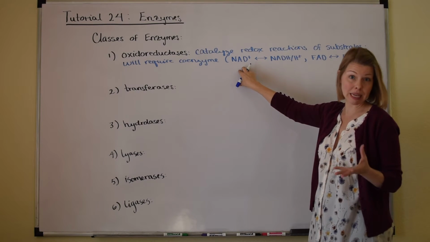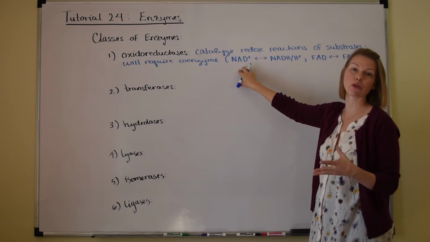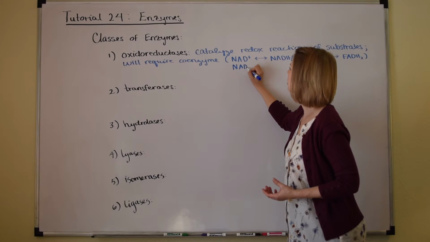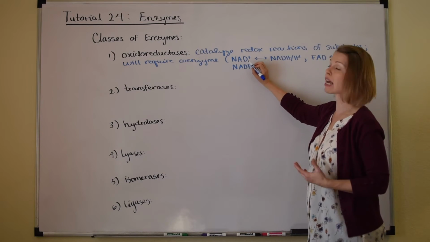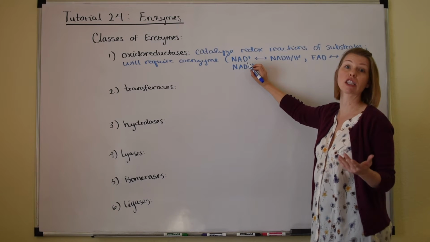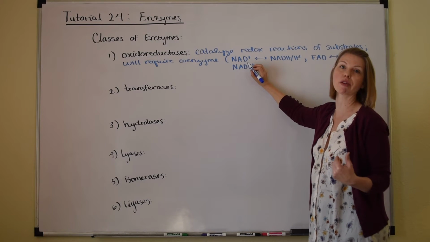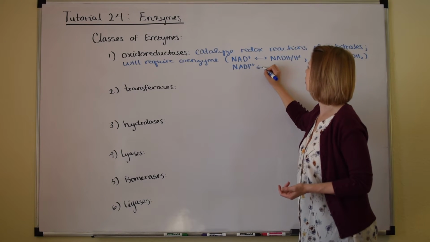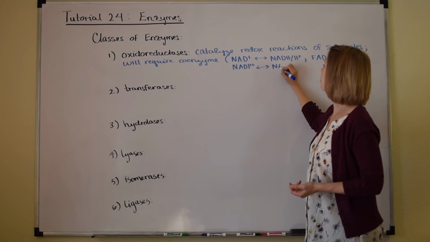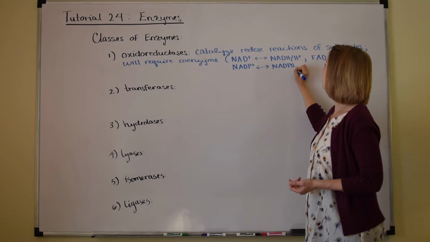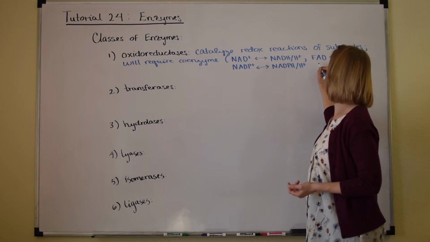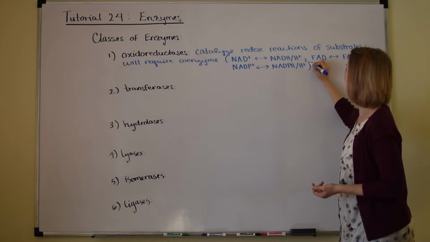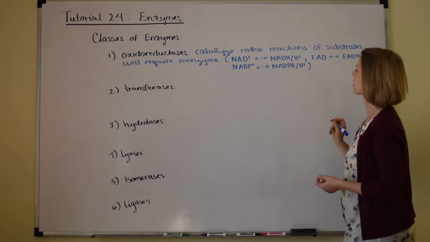It's going to be NADP, the nicotinamide adenine dinucleotide phosphate. So I'll go ahead and write that under here as well. And it's the same structure as NAD that we just looked at on slide 3, except that the sugar component of the molecule has a phosphate unit attached to it. So a very small difference in the structures there. And I'll write its reduced form as well. Okay, so all of those. I'll close my bracket down here. Put a comma there.